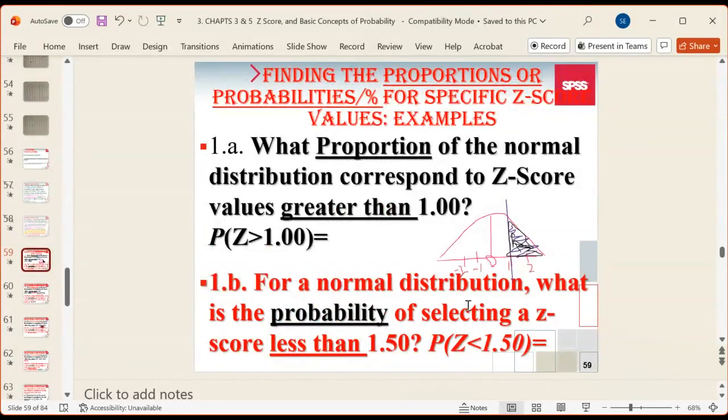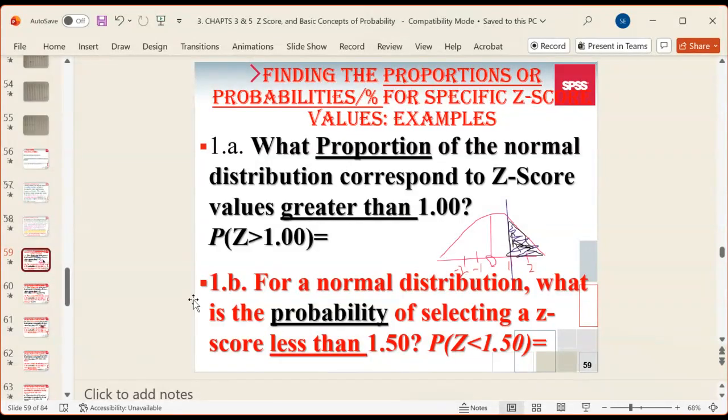Next one, for normal distribution, what's the probability again of selecting a z-score less than 1.5? So again, you should be able to do this. Now, instead of 1, z is 1.5. So the 1.5 is a little further to the right, but it says less than. That means we're interested in the left, and it's huge. It's the body. So z is 1.5.